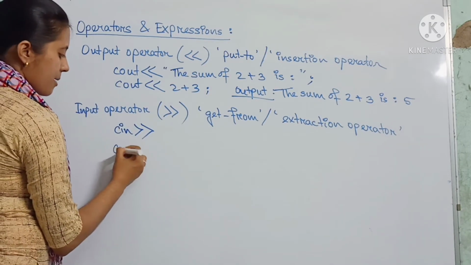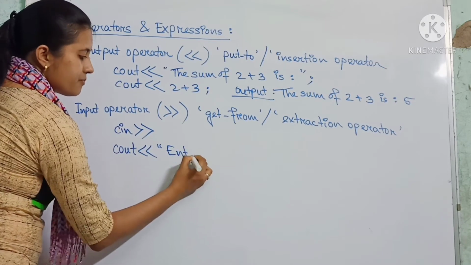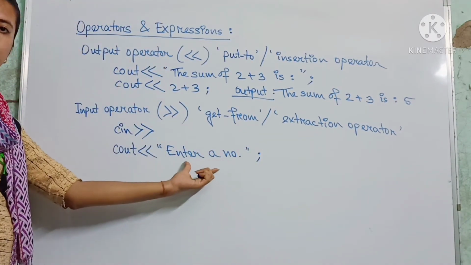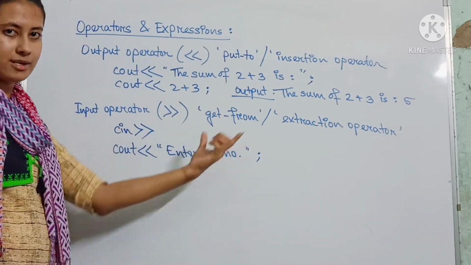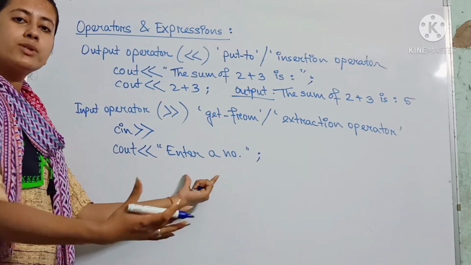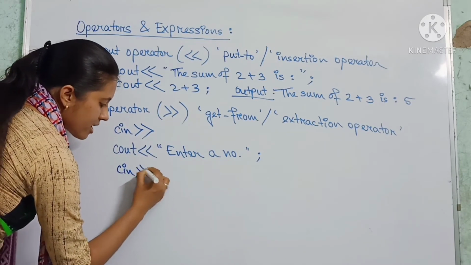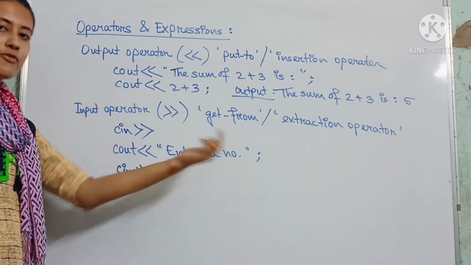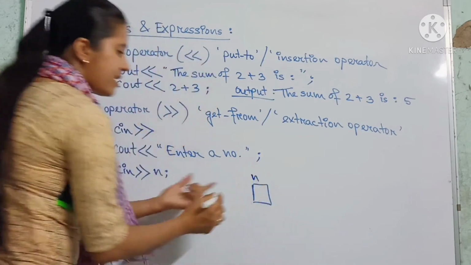Where do we use cin? Suppose I am telling the user to enter a number. The user will enter it through the keyboard. During execution time, it will ask the user to enter a number, and the user will enter it through the keyboard. That number will be extracted through this cin and stored inside the variable n.